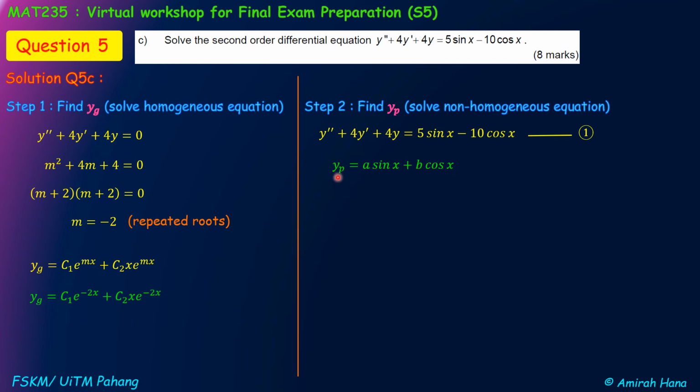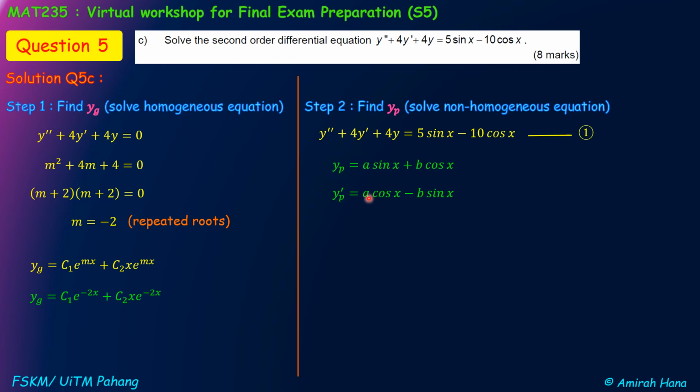From here, we need to differentiate yp. So we have yp prime equals, we differentiate A sin x, we have positive A cos x, and then we differentiate B cos x, we have negative B sin x.